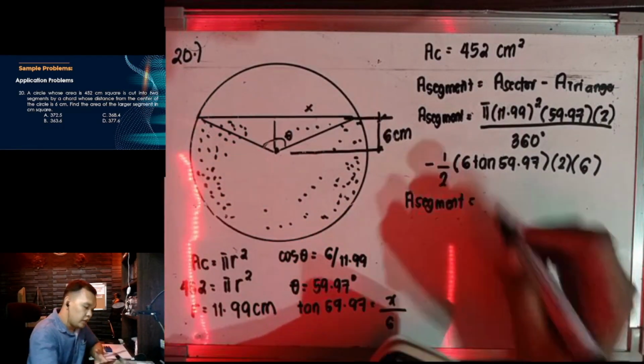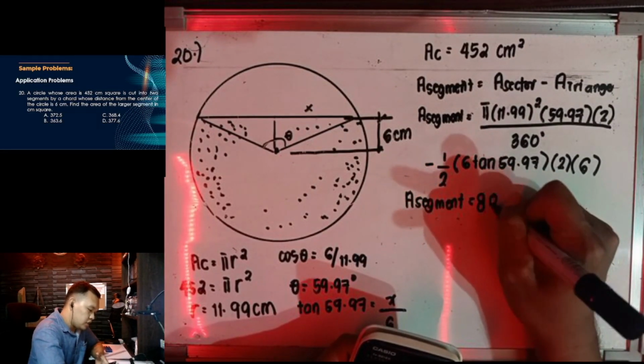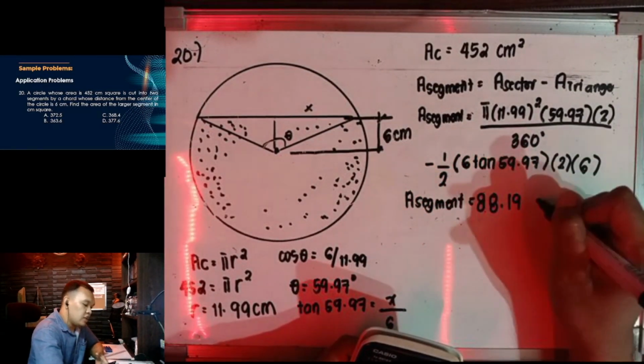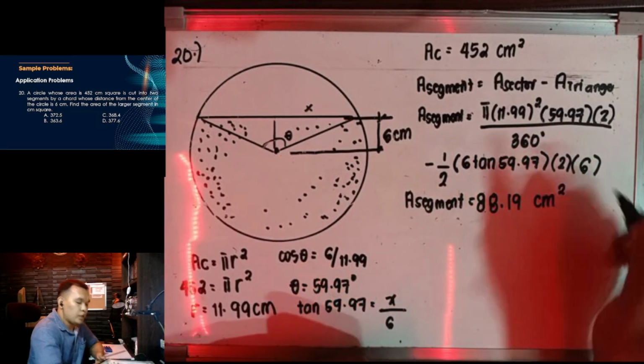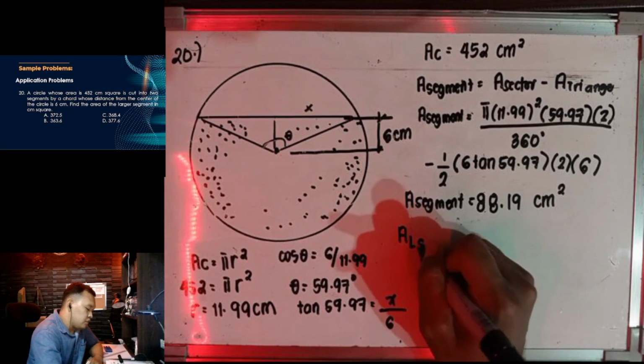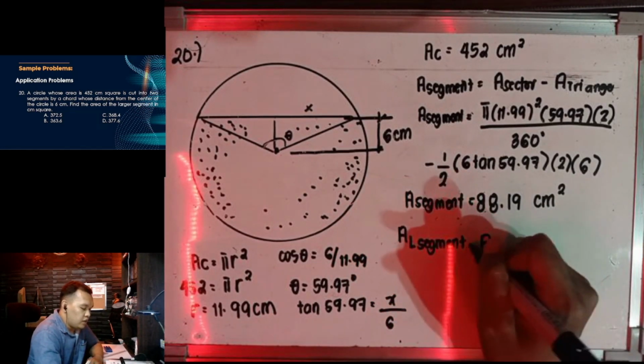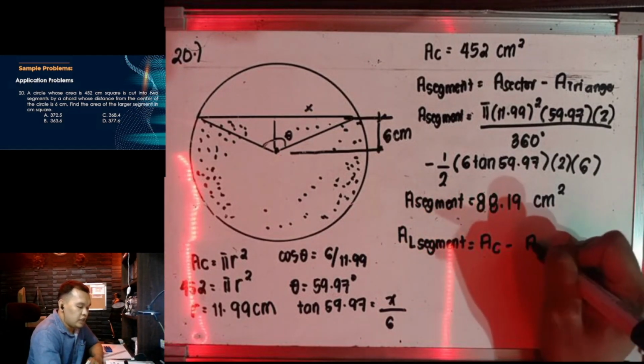So we have here area of segment is 88.19 centimeter squared.